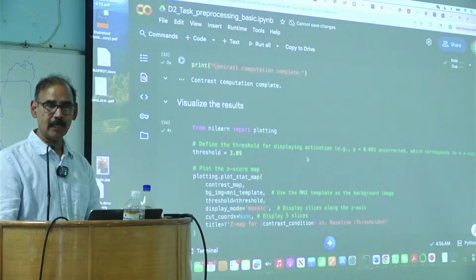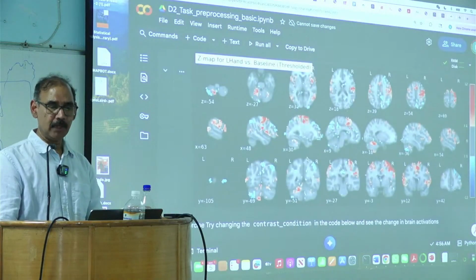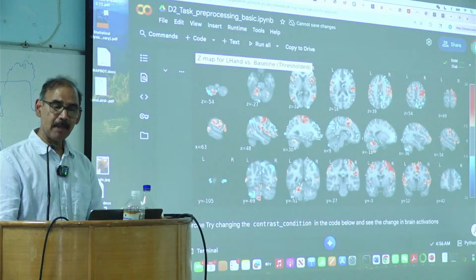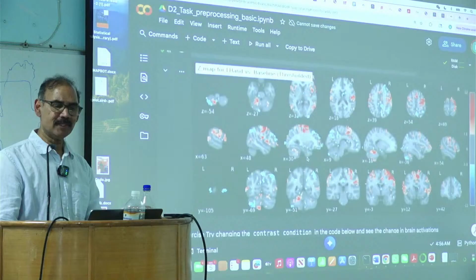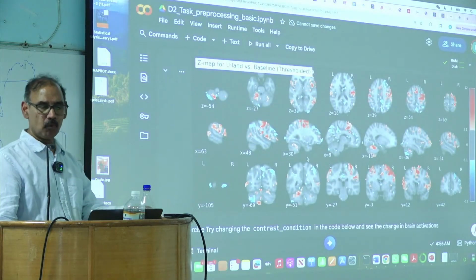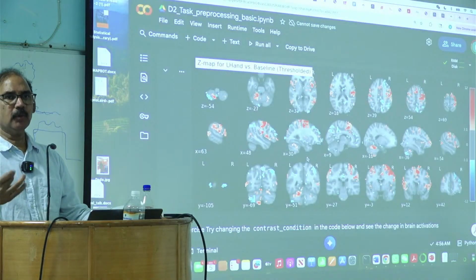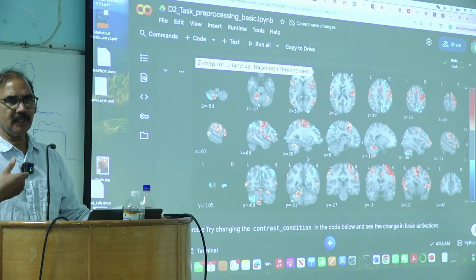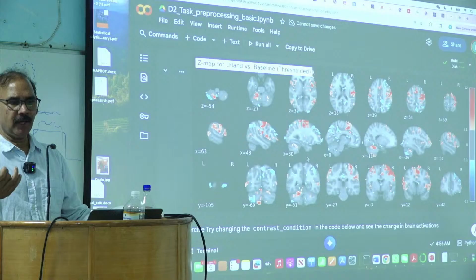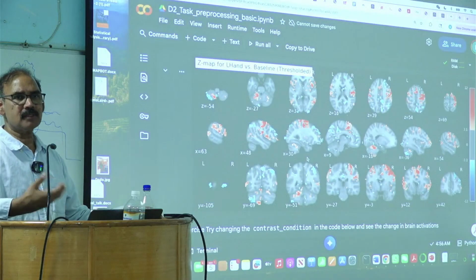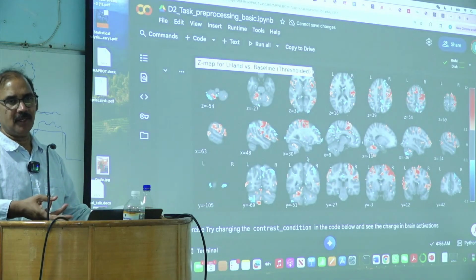I agree with you, 6 millimeter may be too much, but by using 6 millimeter, what you're also doing is almost like the clustering that I covered yesterday. So this is in some way clustering the data.